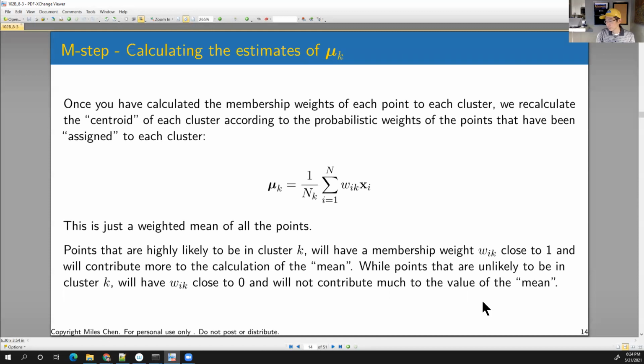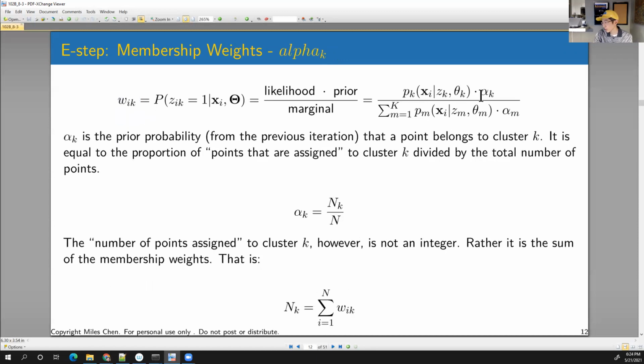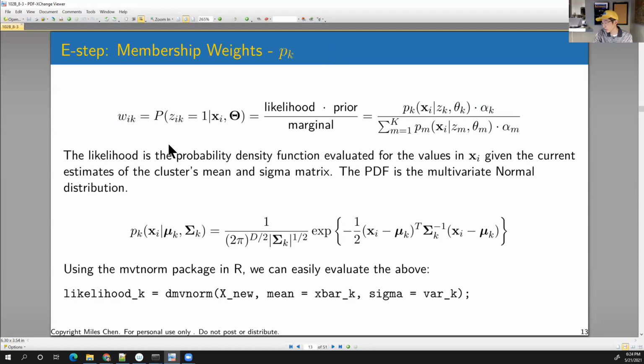And so we use that to calculate the weights, right? We go through, calculate your alphas, calculate your likelihoods, and then you get your denominator. And once you do that, you can get your membership weights, WIK. So you do this for all of the observations, okay?